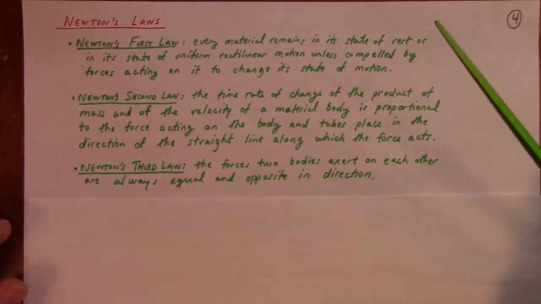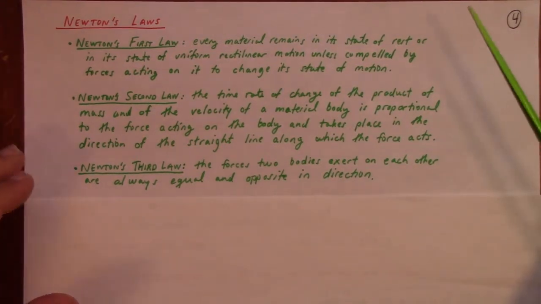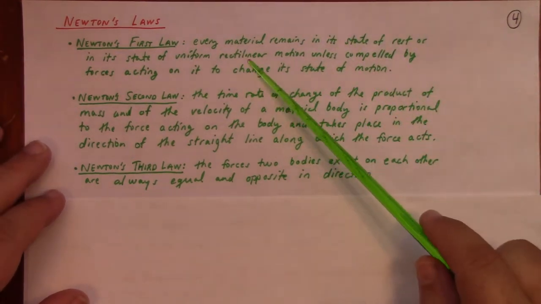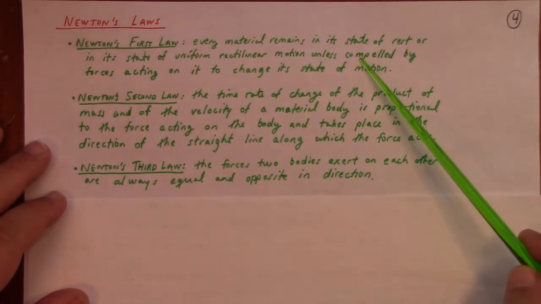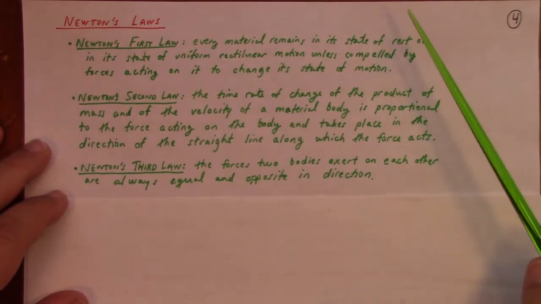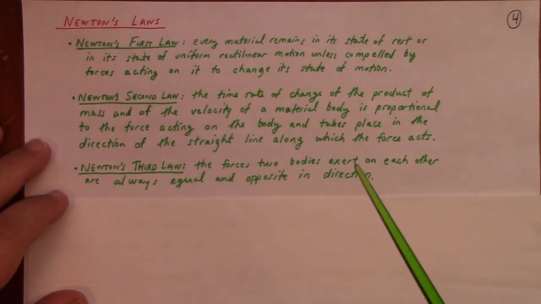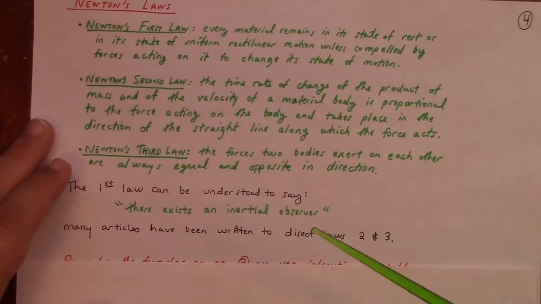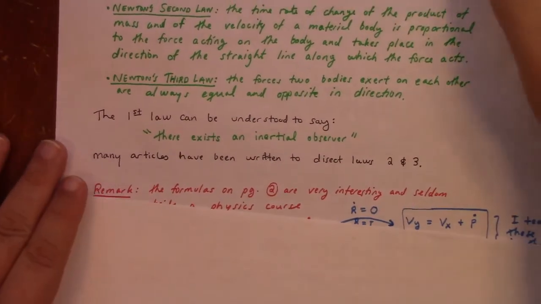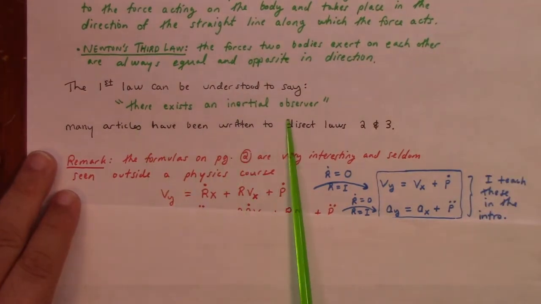So, Dr. Folk, in his course, made the following observation about Newton's first and second laws: depending on what you start with, what are they really saying? Well, he says the first law can be understood to say, from our way of thinking here, there exists an inertial observer.